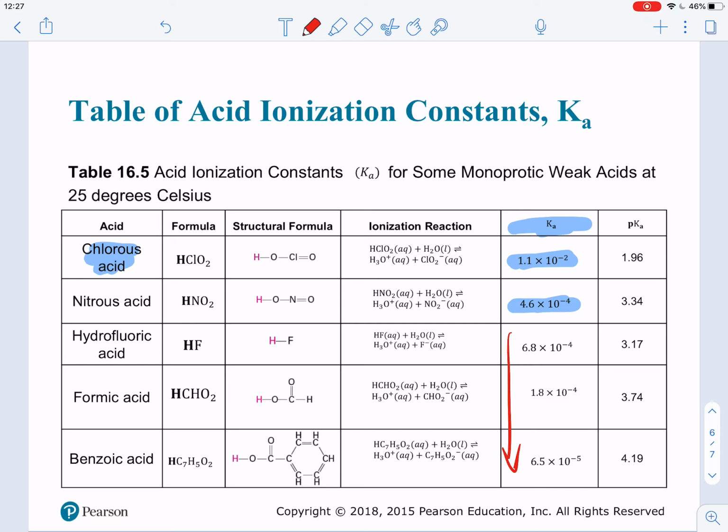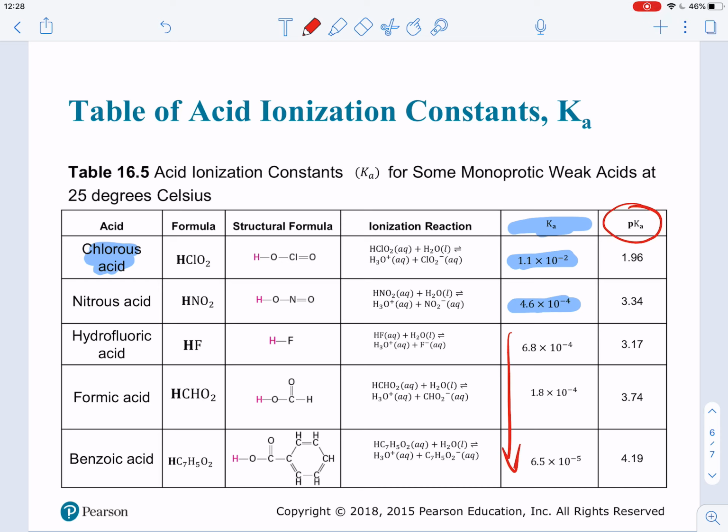And as you go down in this list, the acid is becoming weaker and weaker and weaker. A different way to express this strength is by using pKa, which is here on this table, but I'm going to hold the conversation on the pKa until we are done with ionization of water, which is the next video that you will watch.